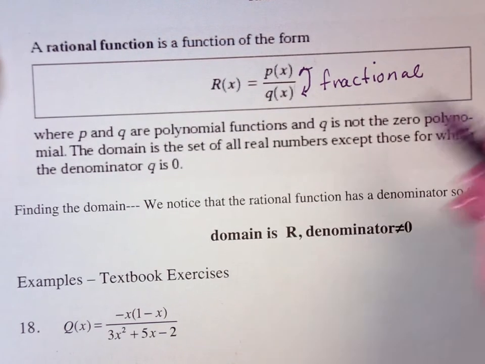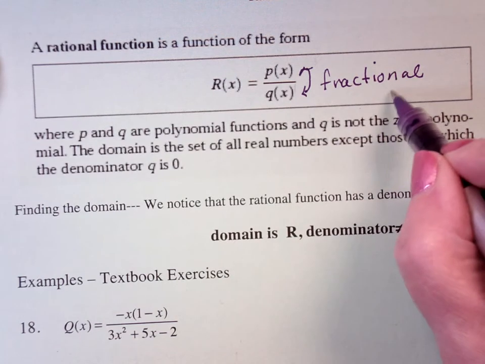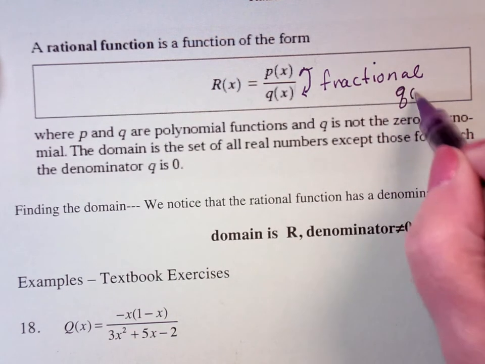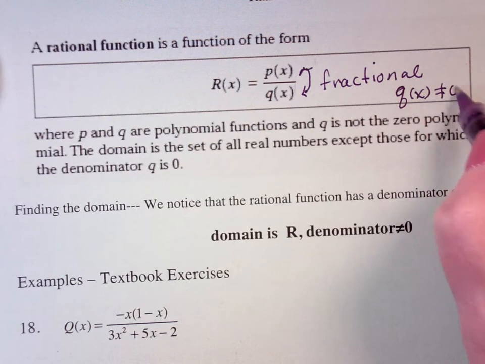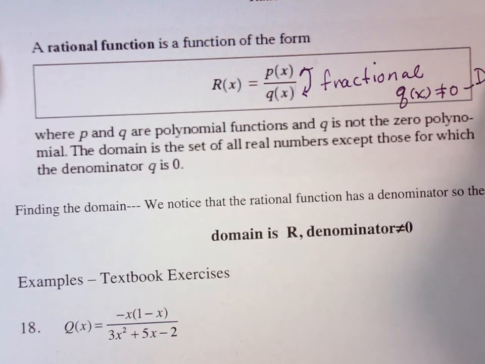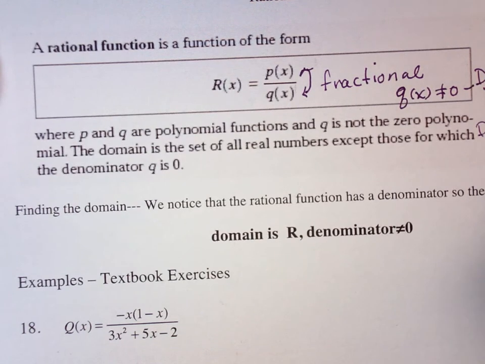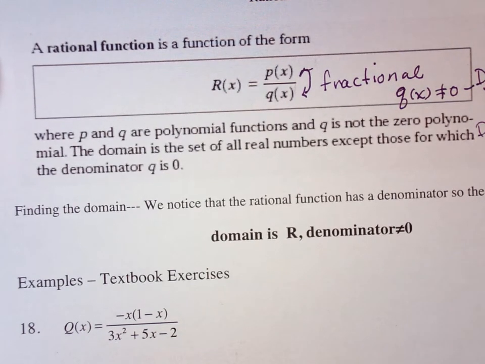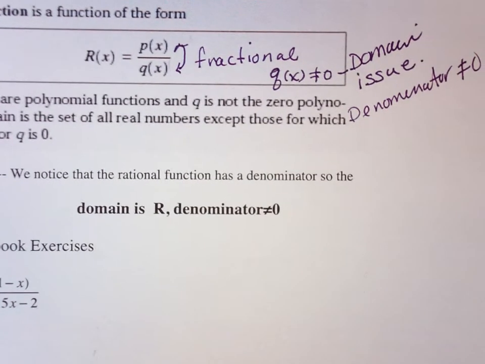And of course we know for sure that q of x, the denominator, can't be 0. It has a domain issue. So the denominator can't be 0, never ever.